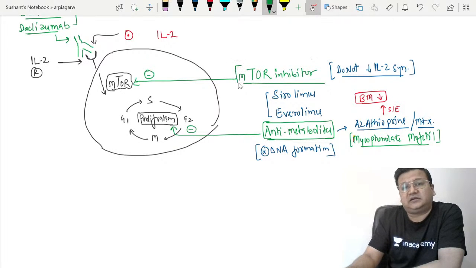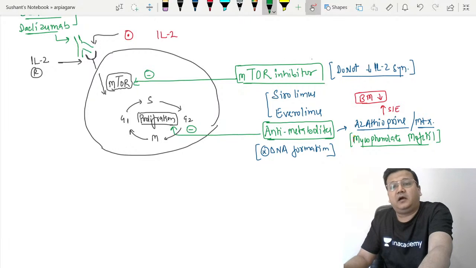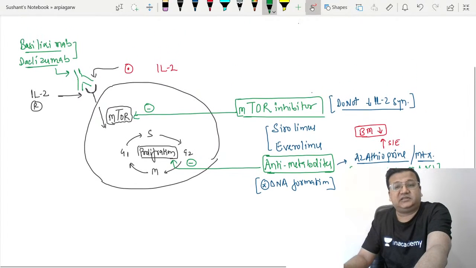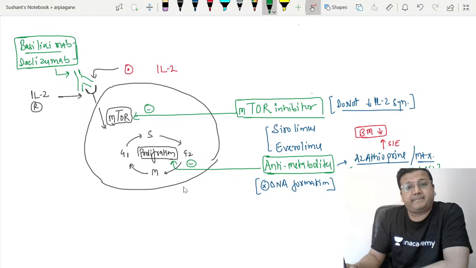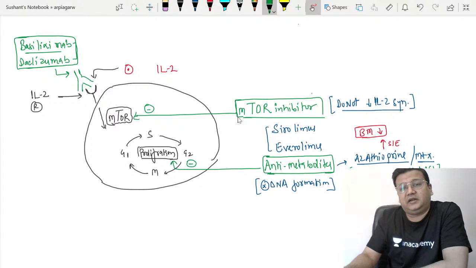So how many classes of immunosuppressants can be discussed in one diagram? You can look for drugs blocking interleukin 2 receptor, mTOR inhibitors, and anti-metabolites.